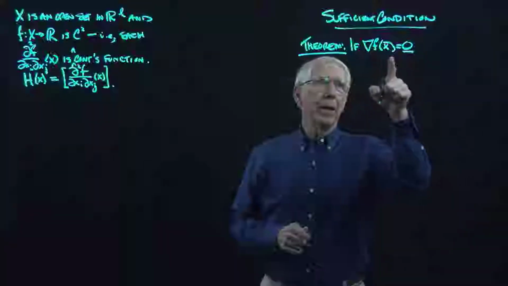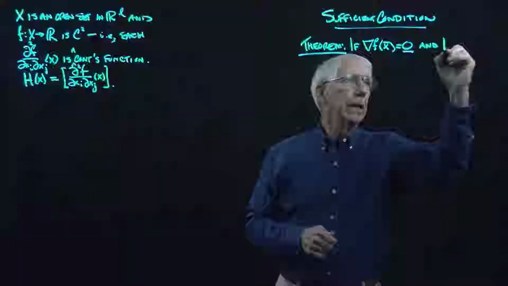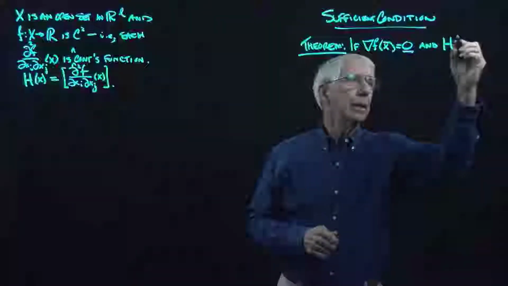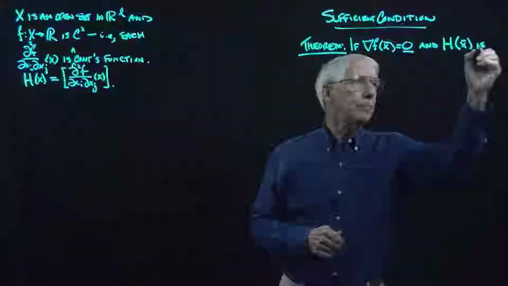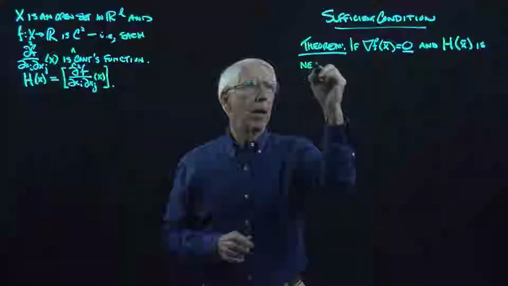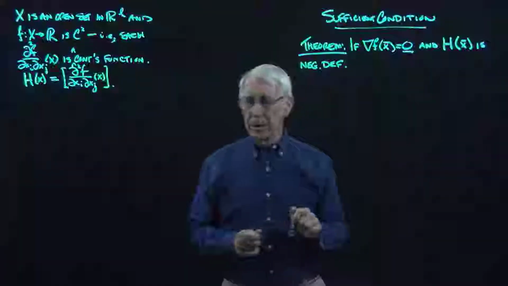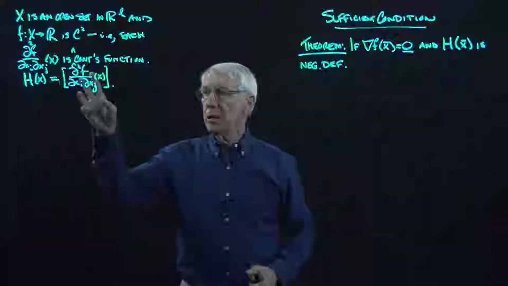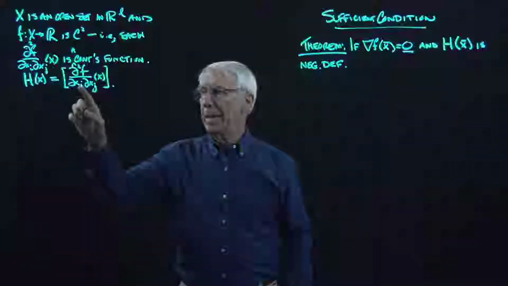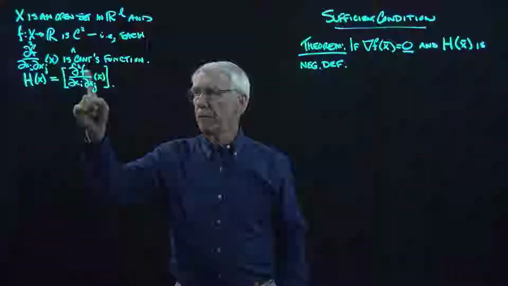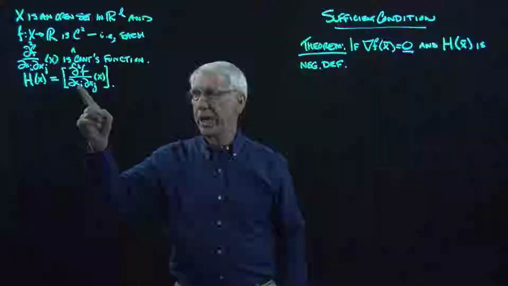So if the gradient is zero and the Hessian matrix evaluated at x bar is negative definite. And of course the Hessian matrix is symmetric because the fact that the second derivative functions are continuous means that the second partial of f with respect to xi and then xj is the same as the second partial with respect to xj and then xi.